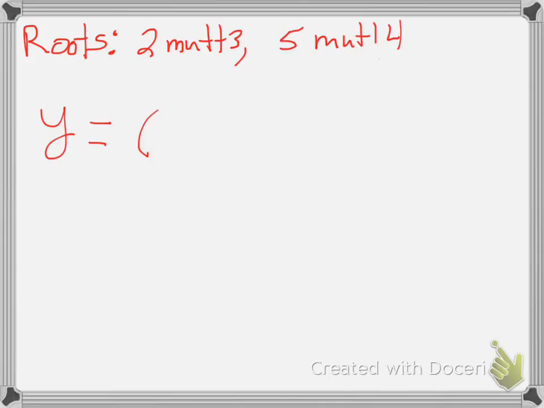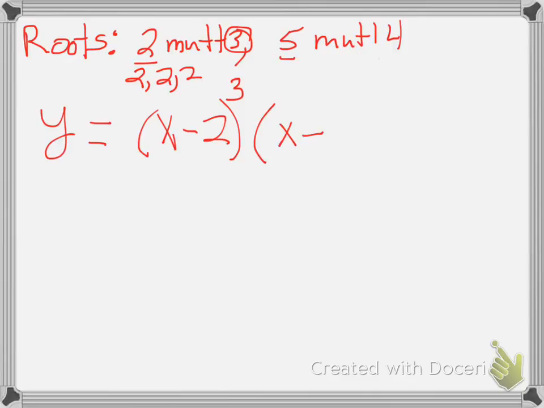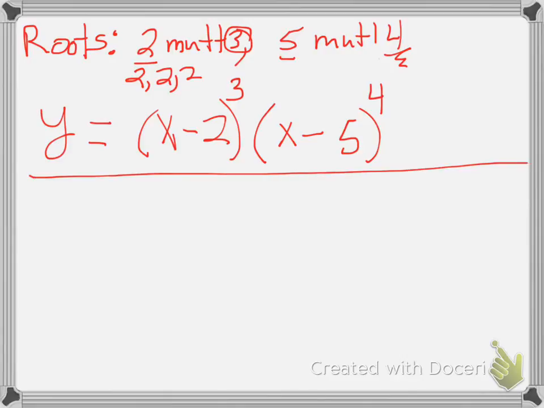So x minus the root, x minus 2. Multiplicity is 3. That means that root is repeated 3 times, so actually 2 and 2 and 2 are roots. So instead of writing that out 3 times, we just go cubed. 5 is a root, x minus 5, and it has a multiplicity of 4. And there we go. There's the function.